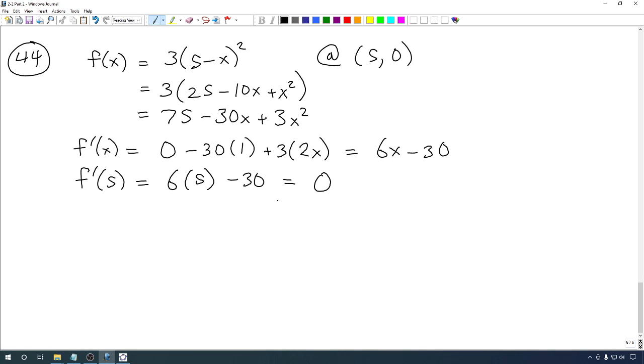So we have a situation where the slope of our tangent line is 0, and it's at the point 5, 0. Of course, a line that has slope 0 is a horizontal line, and the horizontal line is given by what y values are on it. So we're really just looking at the horizontal line y equals 0.